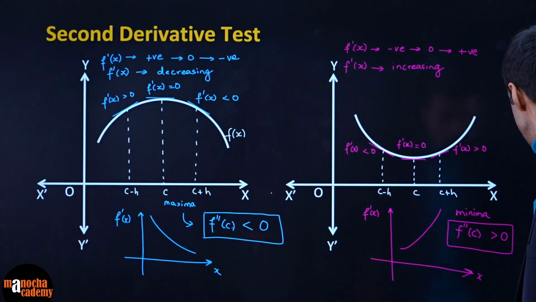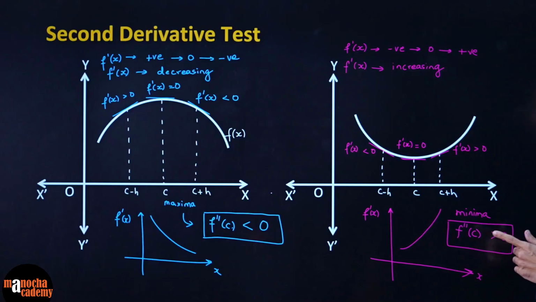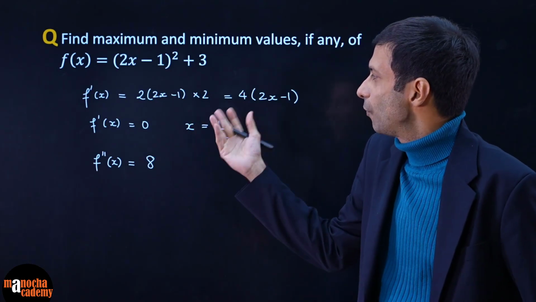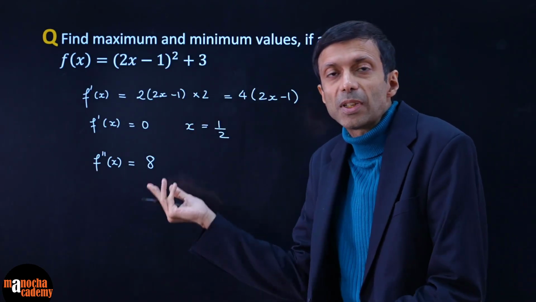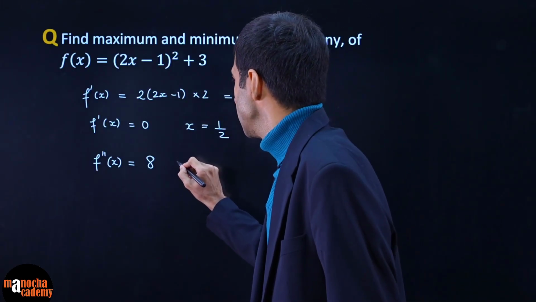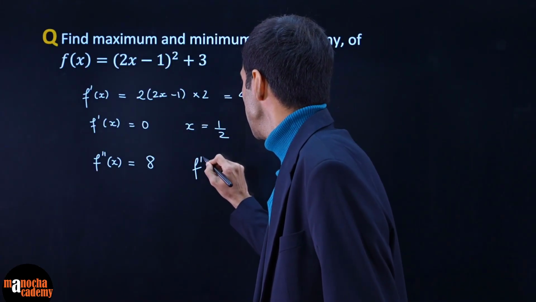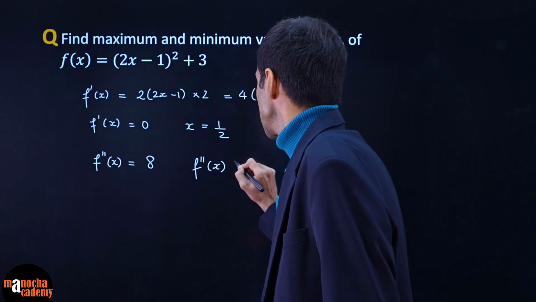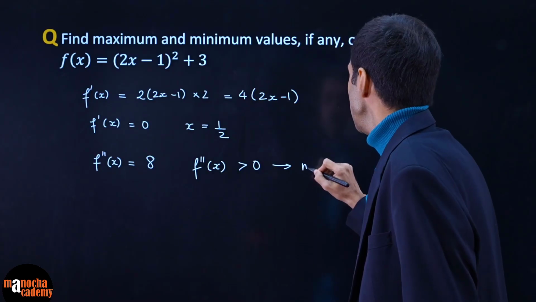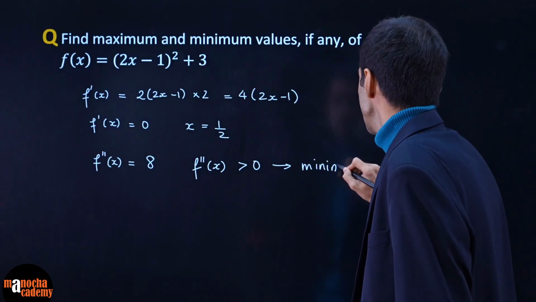If the double differentiation is greater than 0, it is a point of minima. And here it doesn't matter whether my x is half, 1, 2, because double differentiation sometimes comes out to be a constant, which is a positive value. So here you can see f double dash x is greater than 0. So this is clearly a point of minima. We have found a point of minima.